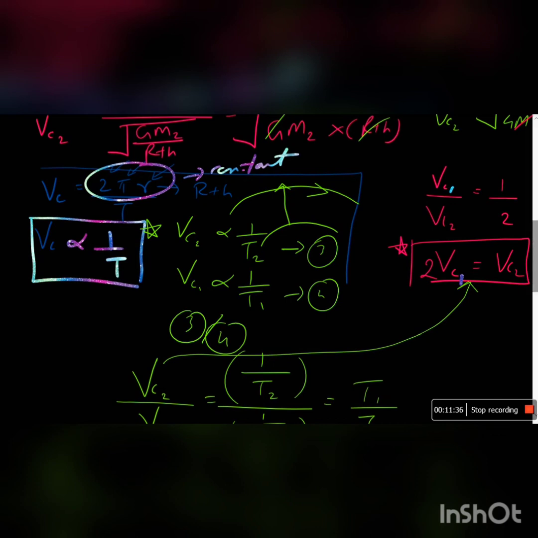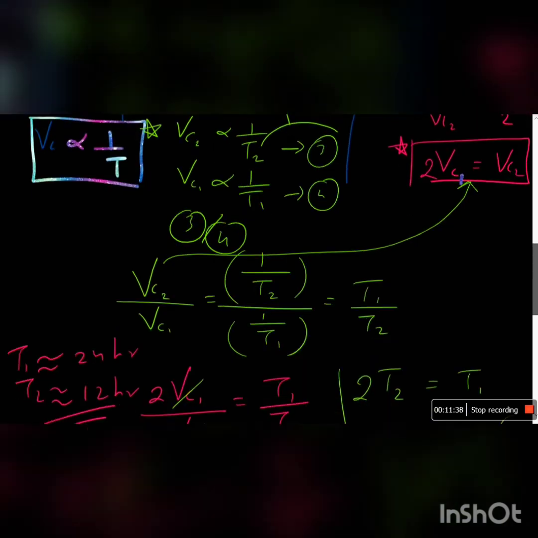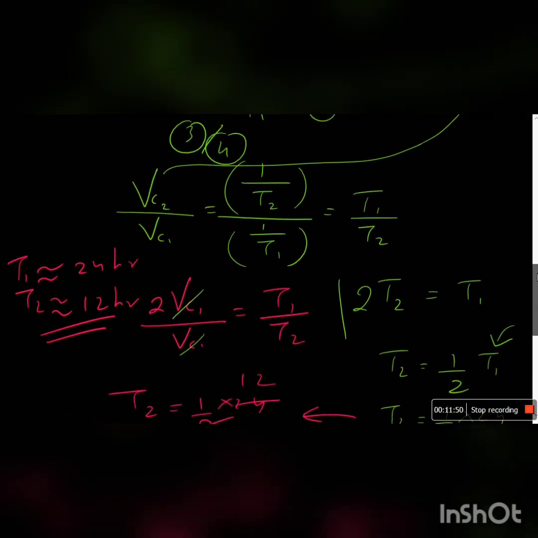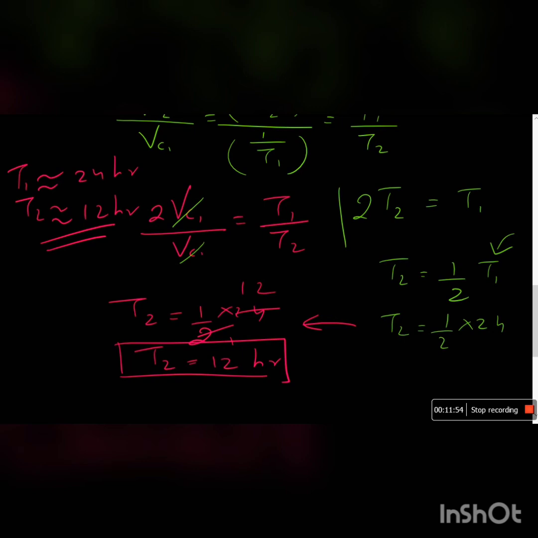We divided 3 and 4 and we got this. We substituted critical velocity 2 as 2 times Vc1 because we got it here, right? So we got T2 is half of T1. What is T1? 24 hours, so T2 is 12 hours. That's it. It's easy. We have to use the formula twice and we have to divide twice. So remember that. Do your best. Bye bye.